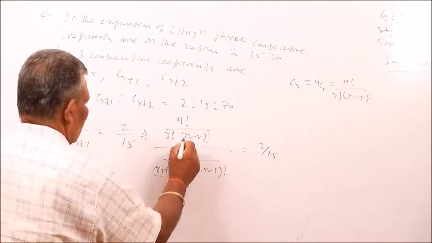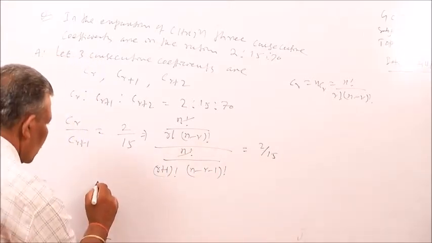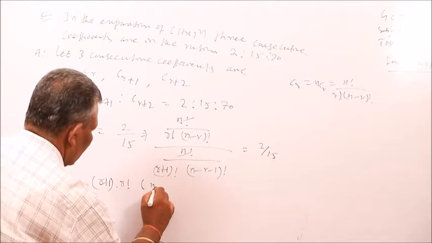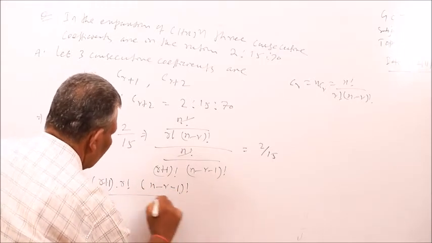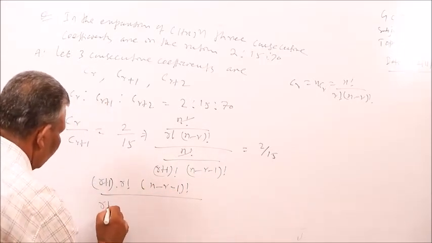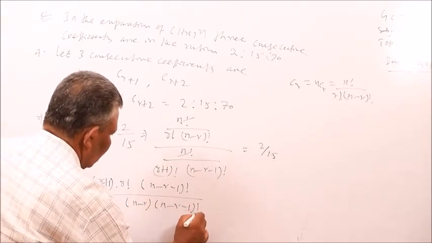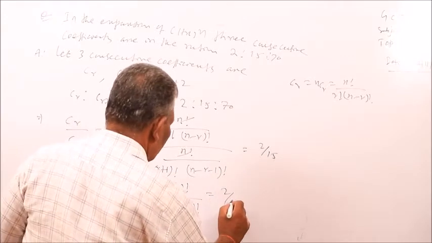So we can cancel n factorial. So r plus 1 into r factorial into n minus r minus 1 factorial, divided by r factorial into n minus r into n minus r minus 1 factorial, equals 2 by 15.